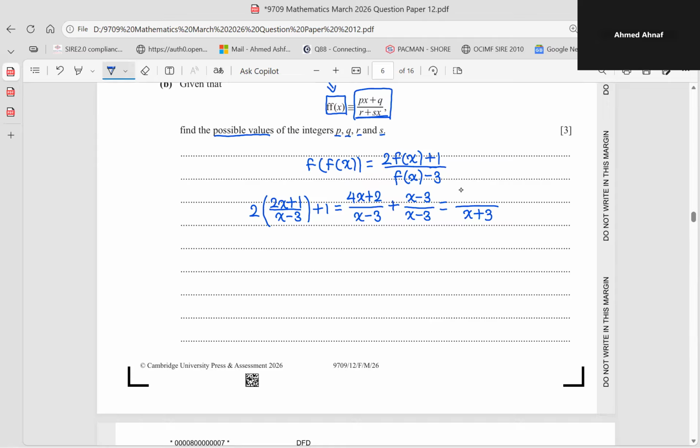So 4x plus x, that's 5x. 2 minus 3, that is minus 1. So this is the numerator. And the denominator is just f(x) minus 3. So it's just 2x plus 1 over x minus 3, minus 3. Same process.